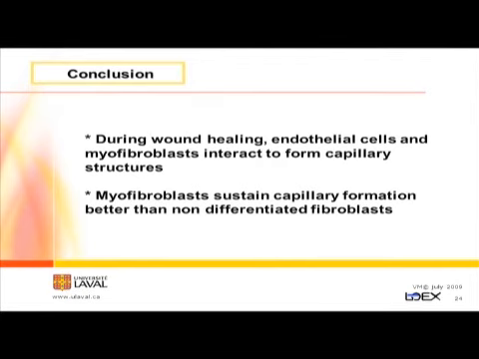Furthermore, myofibroblasts sustain capillary formation better than non-differentiated fibroblasts. It was known that fibroblasts can help capillary formation, but it is very new that myofibroblasts can have a role during angiogenesis. Usually, myofibroblasts are thought to have an important role during matrix formation or wound contraction, but a role in angiogenesis is very new.